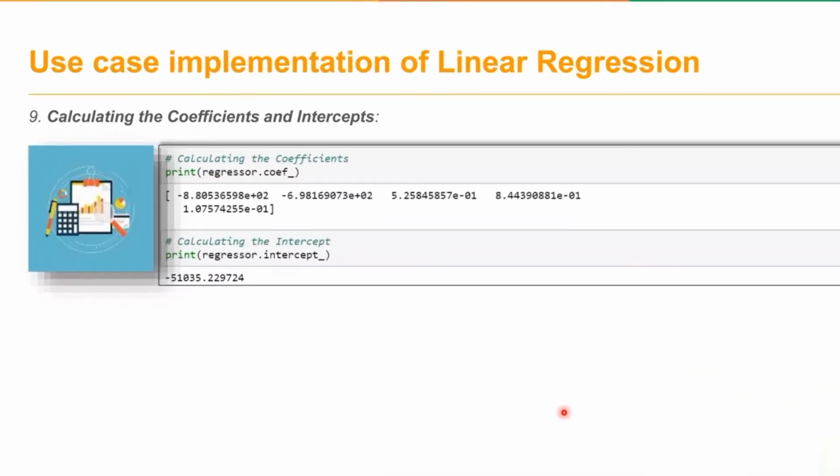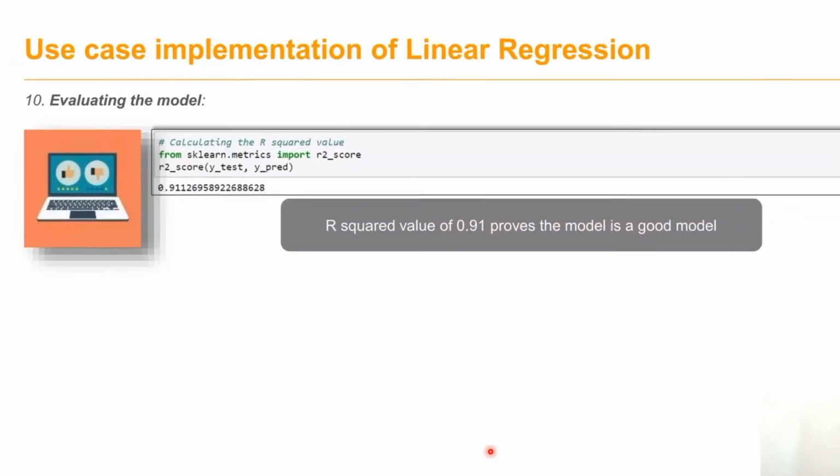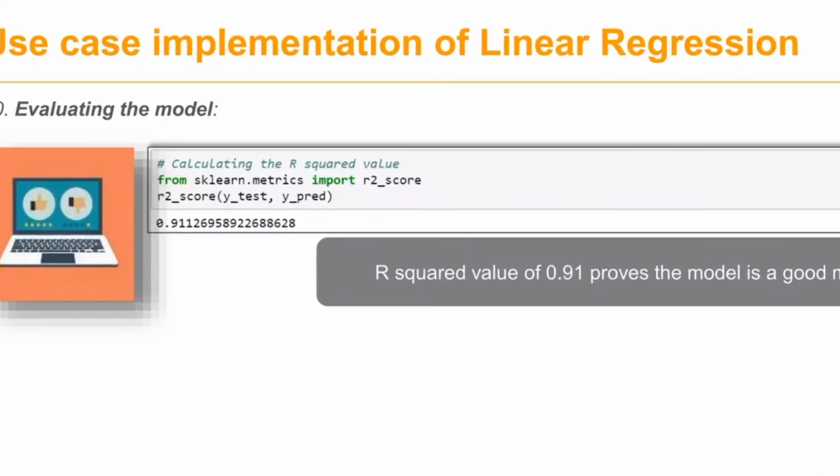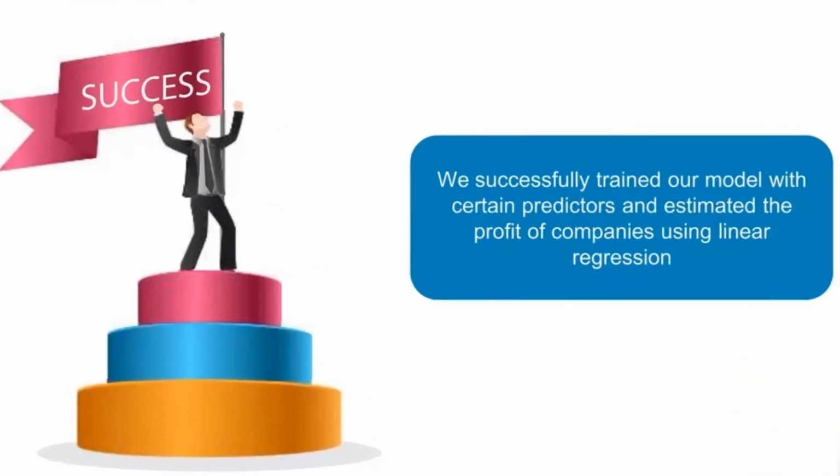In the ninth step, we calculate the coefficients and intercept values. Finally, we evaluate the model, and after evaluating we get the value as 0.911, which proves that the model is a very good model with high accuracy. And now with the help of this linear regression, we can successfully estimate the profit of the companies.